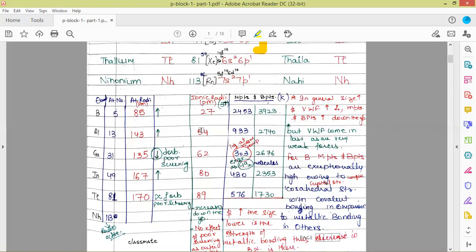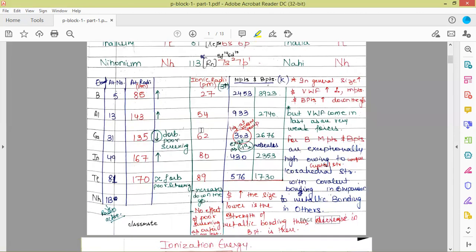Also, we know that van der Waals forces are very weak in comparison to metallic bonding, and when metallic bonding is there, we cannot talk about van der Waals forces. So the extent of metallic bonding is decreasing as we move down the group. This decreases because there is an increase in size as we move down the group. So this increase in size is the reason behind the decrease in strength of metallic bonding. That is why melting points and boiling points are decreasing down the group.